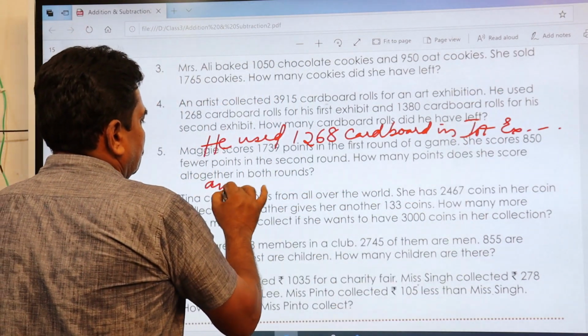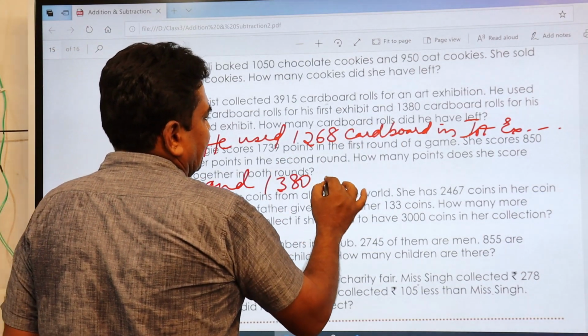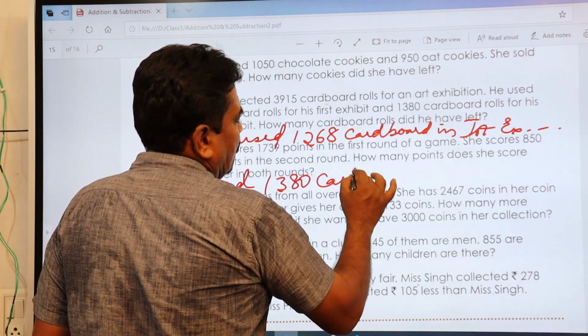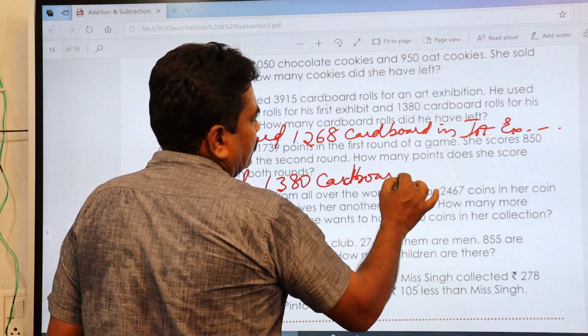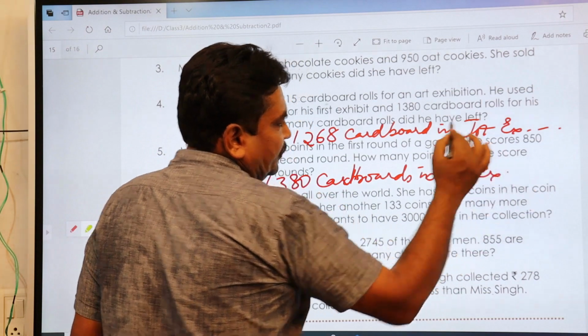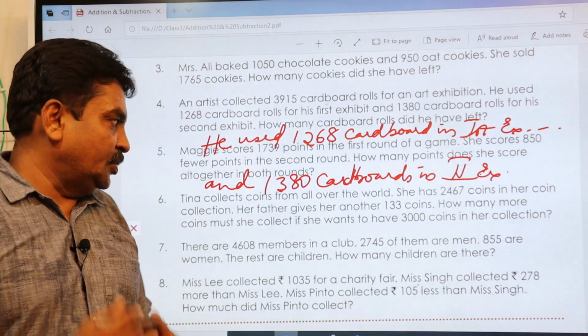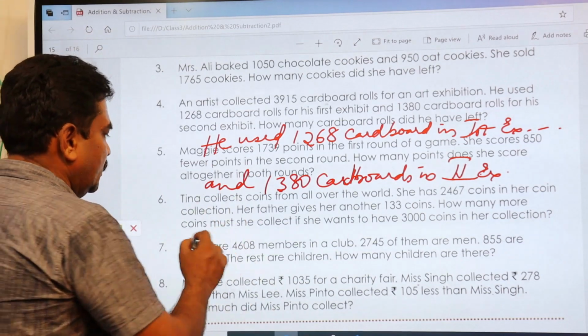And 1,380 cardboards in second exhibition. So the total cardboards he used, that is your third line.